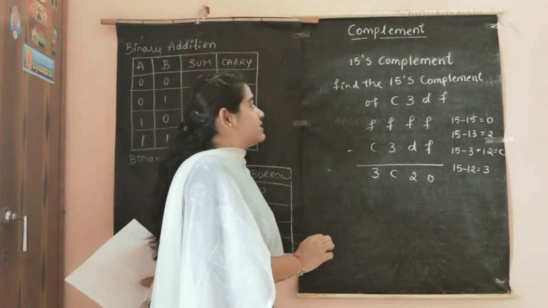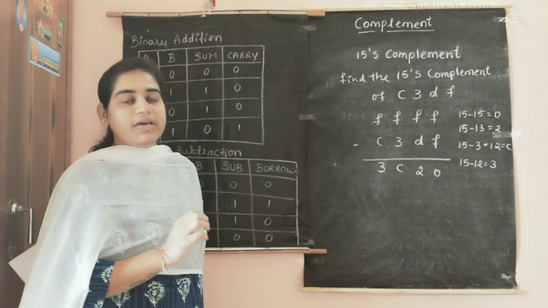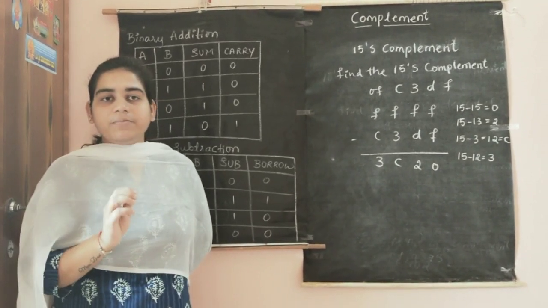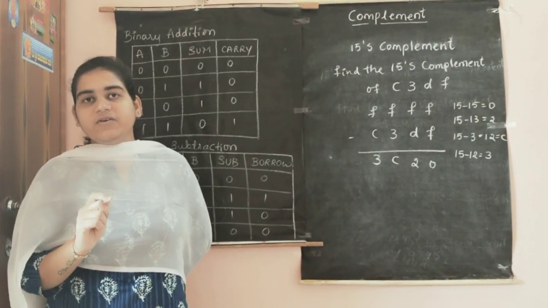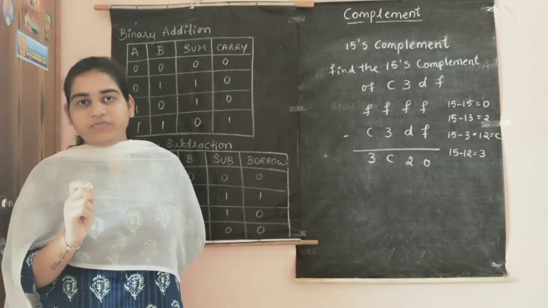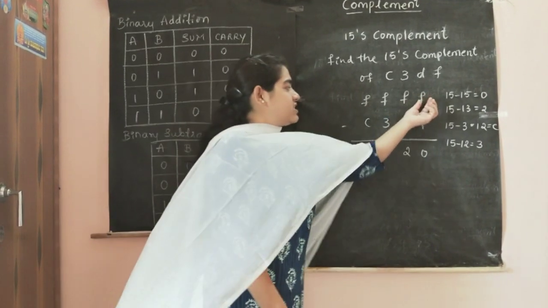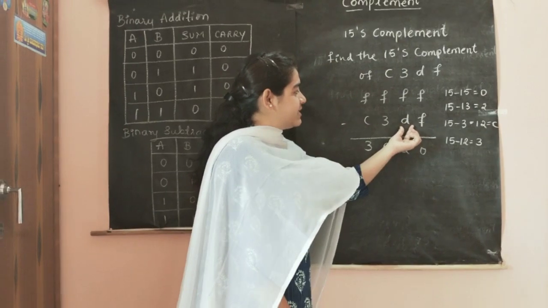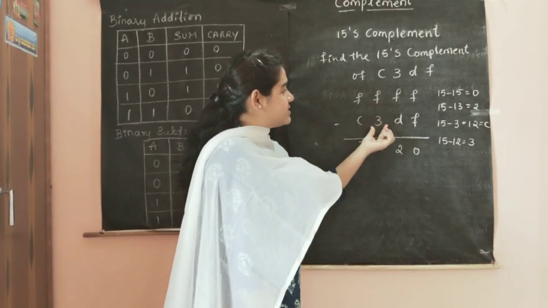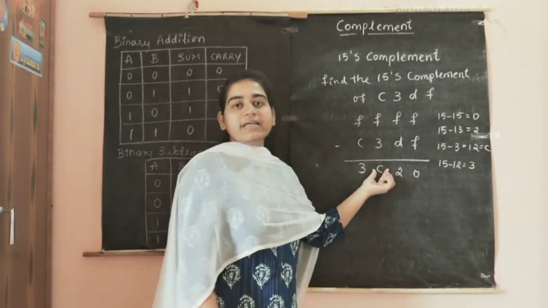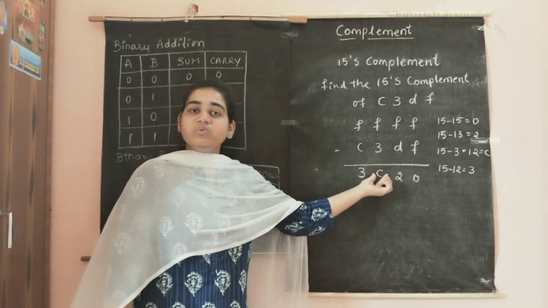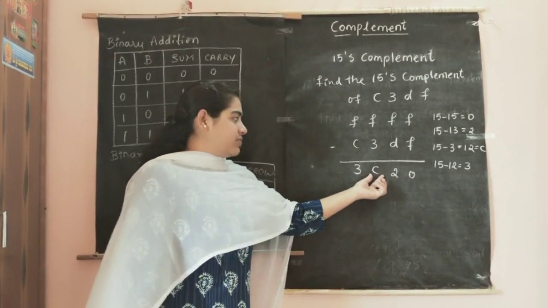So this is the 15's complement. What we have done here is subtract each digit of the given number from F, that is 15. So 15 minus 15, 0. 15 minus 13, it is 2. 15 minus 3, it is 12. But in hexadecimal, 12 is equal to C. That's why I have written C here.